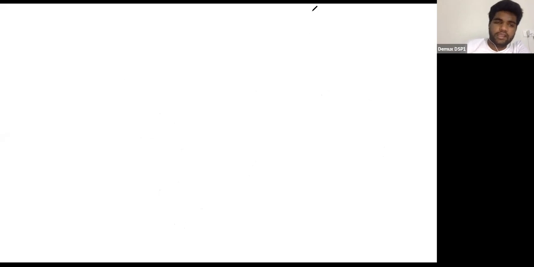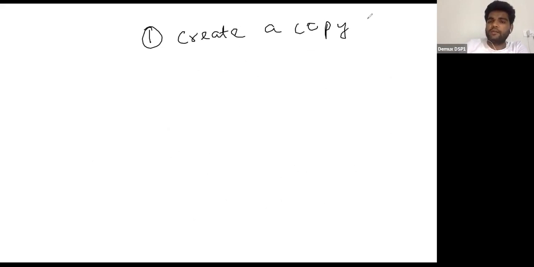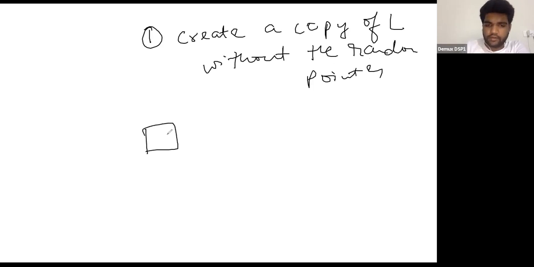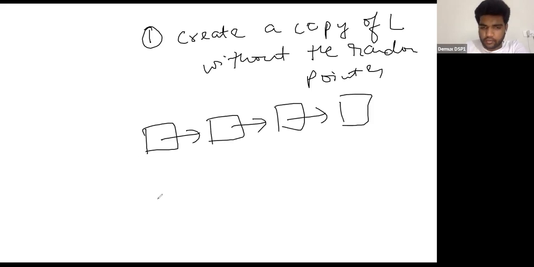So in all, the total algorithm will look like this: in the first pass, just create a copy of the old list without the random pointer. What does that mean? You have an old list and you simply go through each of the nodes, malloc a new node and make the next node point to it.